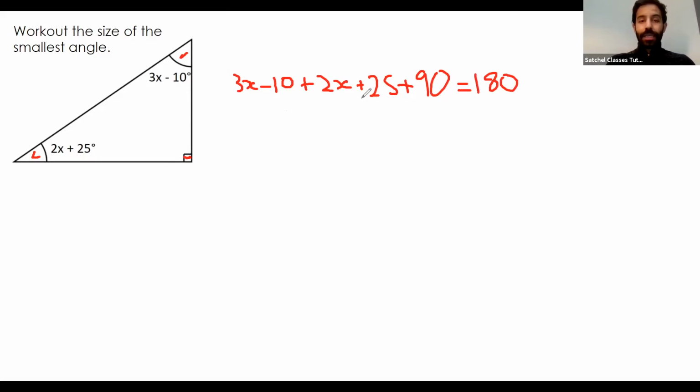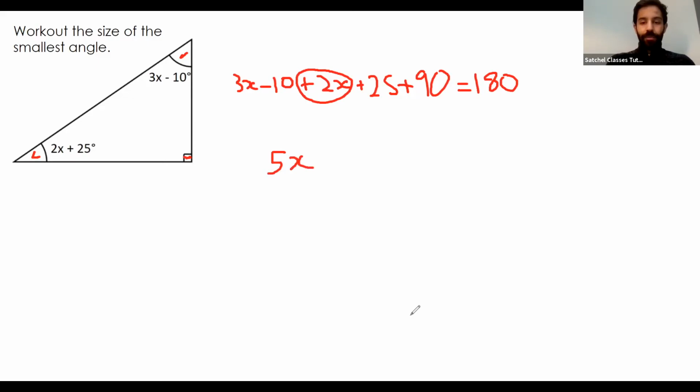So let's collect our like terms. Let's simplify this. Or before simplifying, we can get rid of all of these variables and numbers, but I personally prefer to simplify. So we have 3x plus 2x. Remember, this is a positive 2x. So 3x plus 2x gives us 5x.